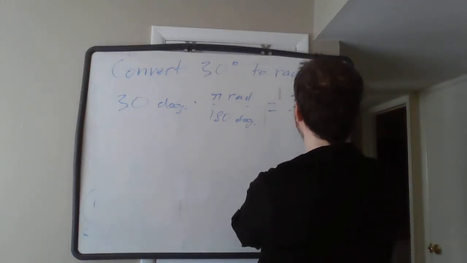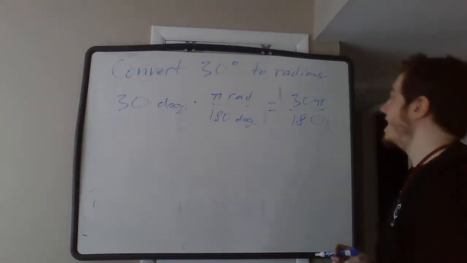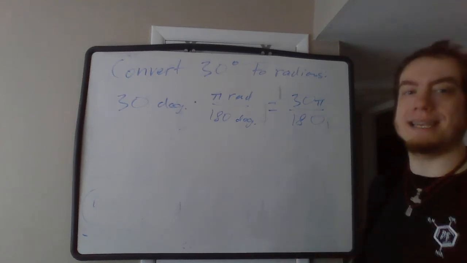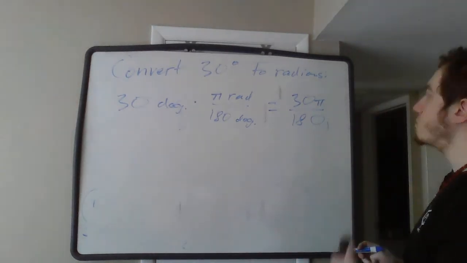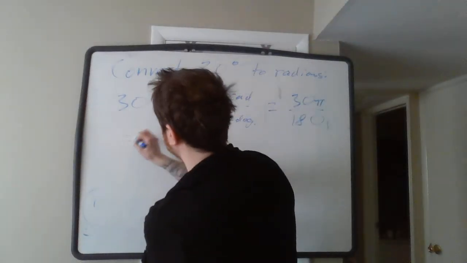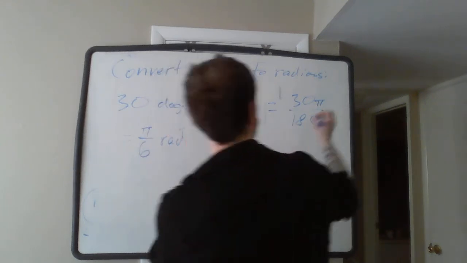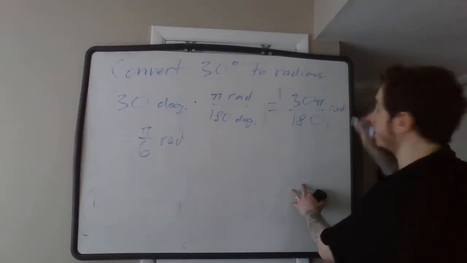Okay, so what we end up with is 30 pi divided by 180. And, of course, 30 over 180, that's the same thing as 3 over 18, which comes out to be 1 over 6. So we end up with pi over 6 radians. Oh, and I forgot my radian units up here.